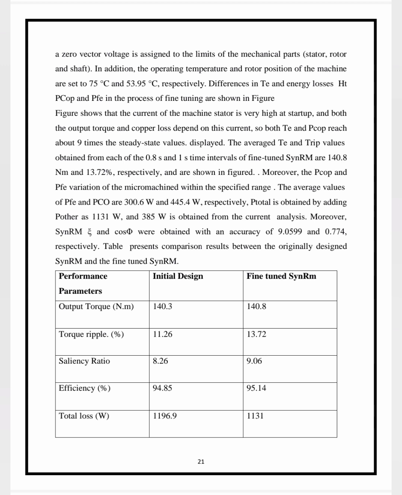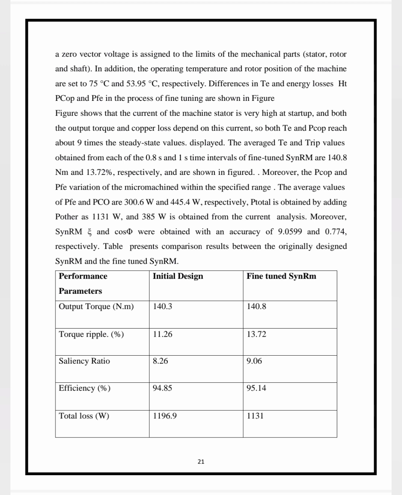The difference in output torque and energy losses with tangential rib width, and P copper and P iron in the process of fine tuning, are shown in the figure.